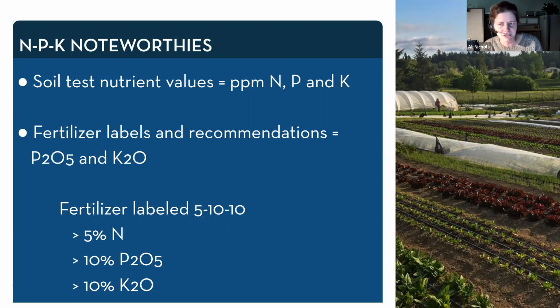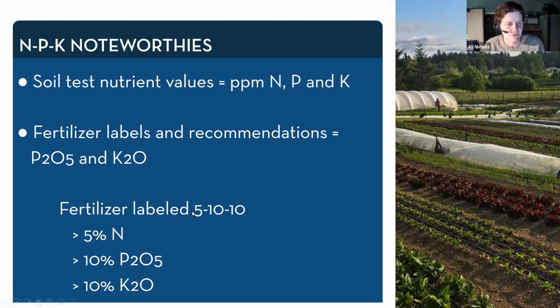It's just a convention that goes back to way back when they started talking about fertilizer labels and recommendations. But it can confuse your calculations if you're not tracking that and you come across a fertilizer label that doesn't follow the convention. Maybe they'll note that, but you can assume that they're using the convention unless they say otherwise. It's good to read the fine print sometimes.